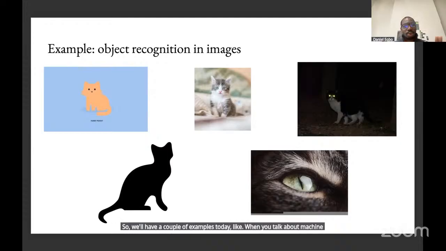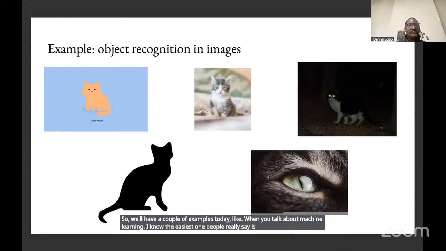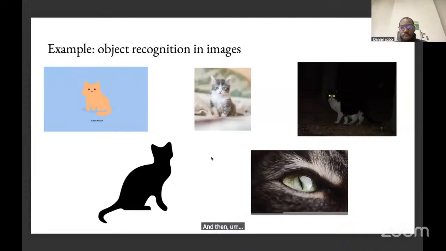I know the easiest one people usually give is an object recognition example, where you have a cat. You pass this data to the algorithm or the model that you're training, and over time they start learning the shape, the variation, the pixels.